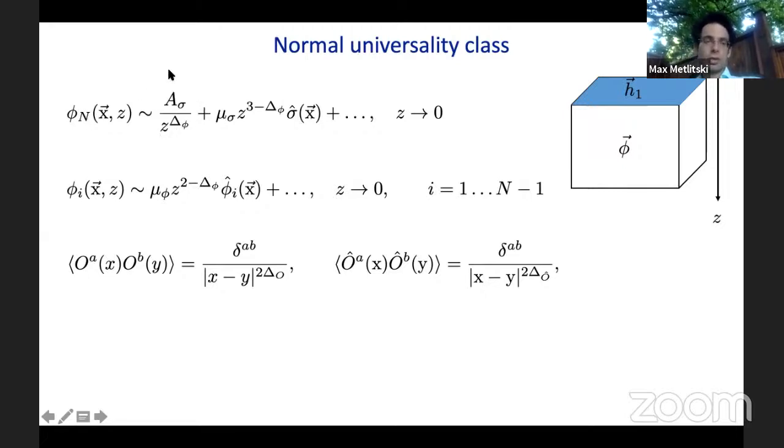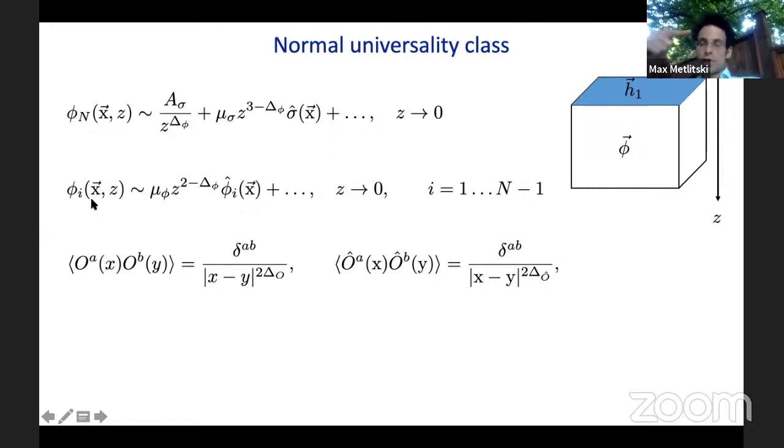So for the longitudinal field, there is this leading term, which is just a constant boundary operator, corresponding to the fact that phi is condensed on the boundary. And then there is a subleading operator here.